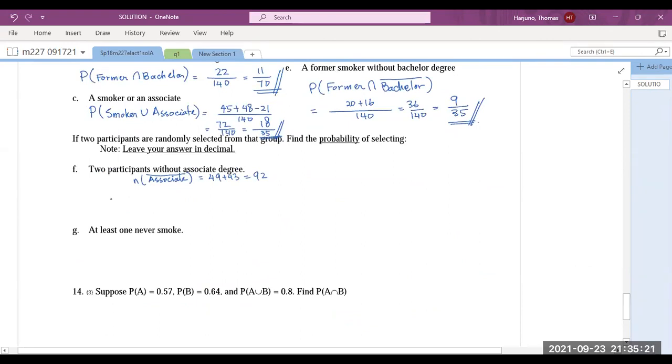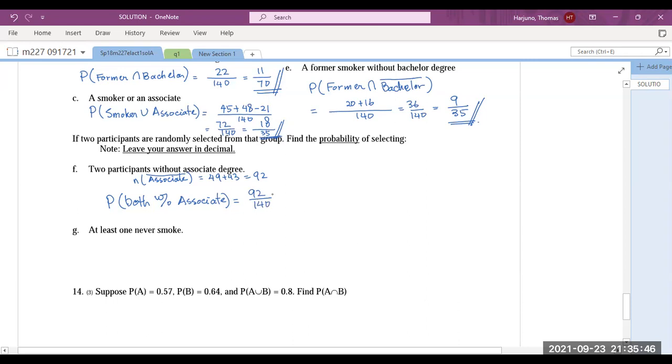So the probability will be, let me write down the probability notation, both without associate. What is the probability the first one you take has no associate degree? That will be 92 over 140, right? For the first person.